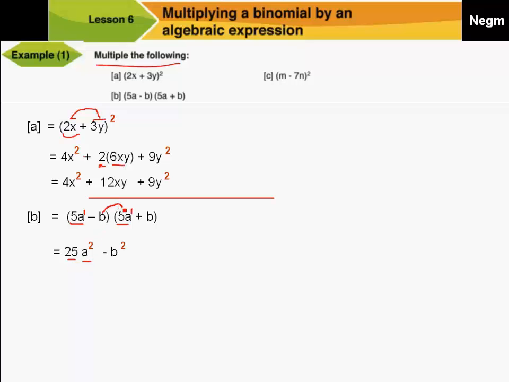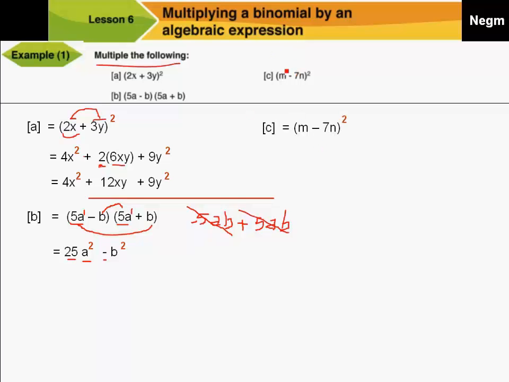Here, minus 5ba, or it can be written as minus 5ab, and plus 5a times b is plus 5ab. We have minus 5ab and plus 5ab, they can be eliminated together, and it is equal to 0, but we don't write 0. Minus b times plus b, minus times plus is minus, b times b is b squared. This is the solution of B.